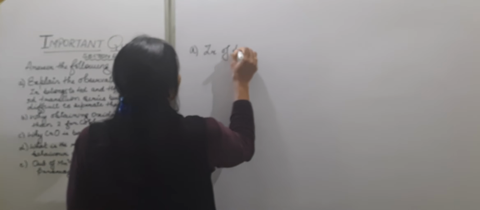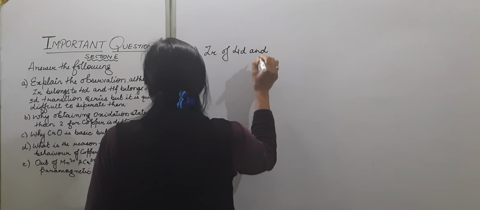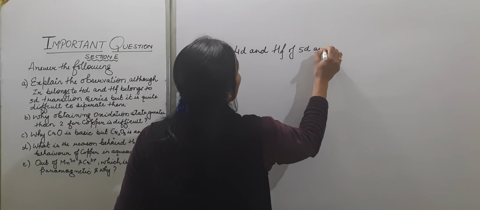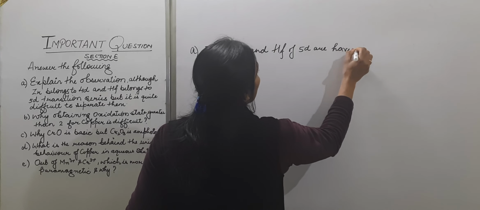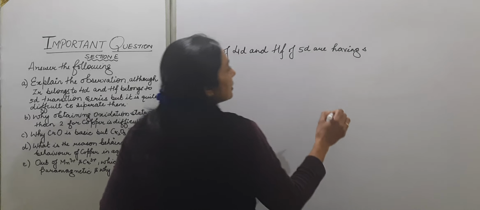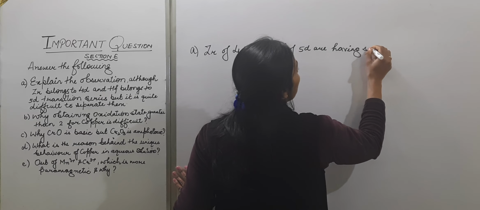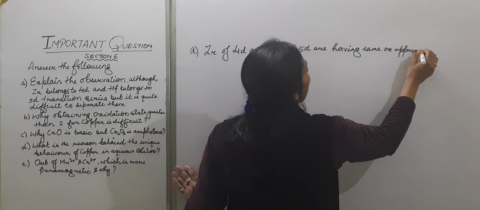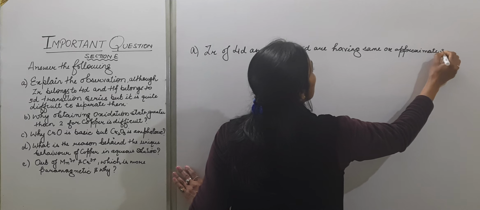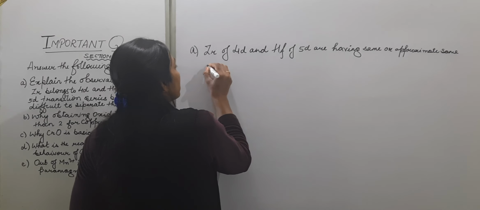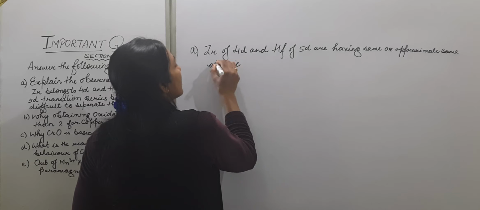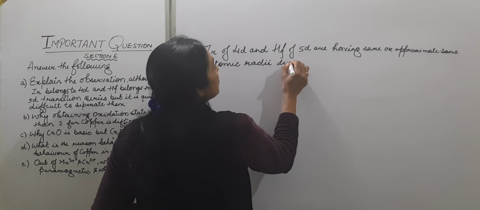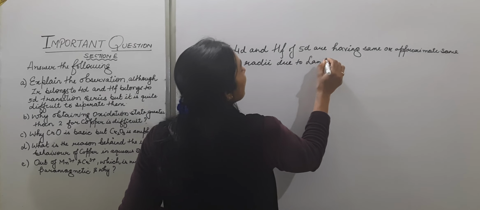Zirconium of 4d and hafnium of 5d are having similar or approximately the same atomic radius due to lanthanoid contraction.